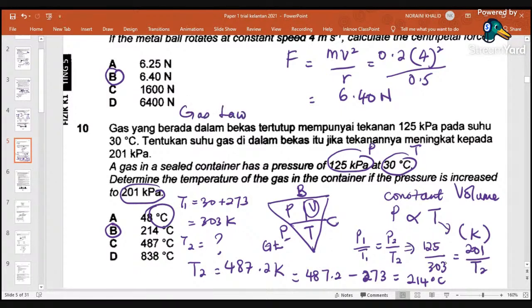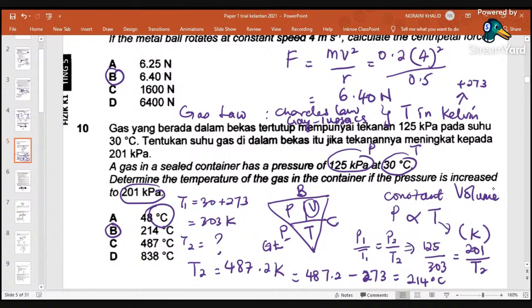So be careful with gas laws. If you discuss Charles's law and also Gay-Lussac's law, temperature must be in Kelvin. You must convert to Kelvin. How to convert? You add 273. If you want to convert back, once you get Kelvin and want to go back to degrees Celsius, you minus 273. Okay, so be careful.